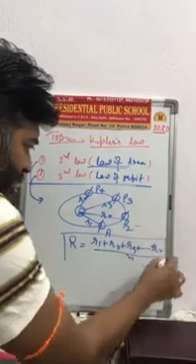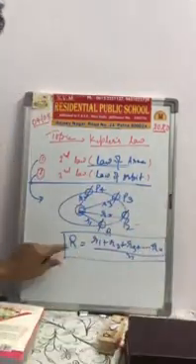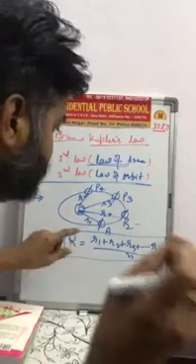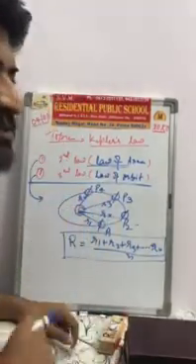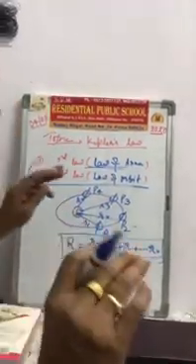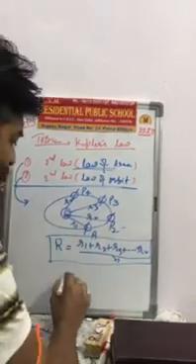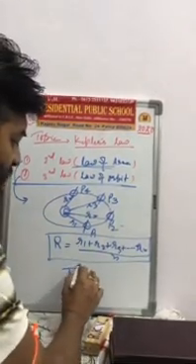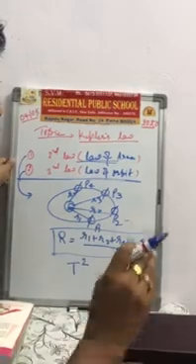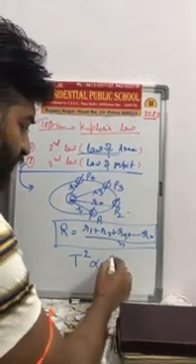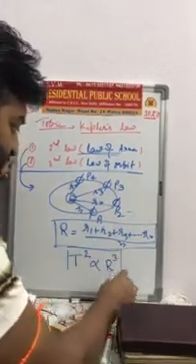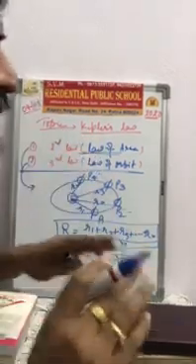If capital R is the mean distance of the planet from the sun in its orbit, then according to Kepler's third law, the square of the time period of a planet on its orbit is directly proportional to the cube of the mean distance between the sun and the planet.